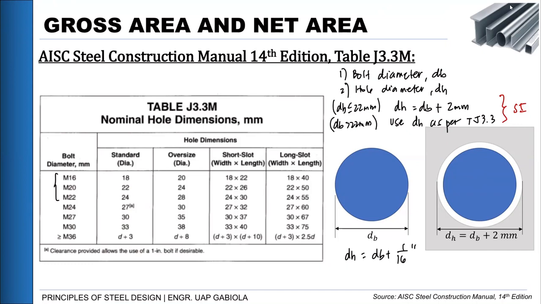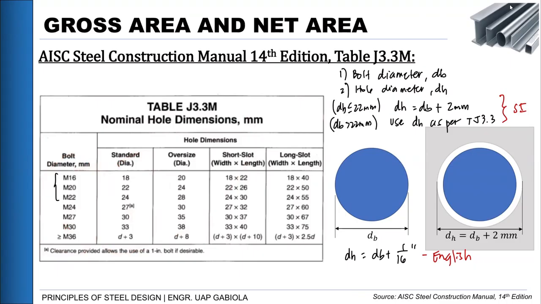Okay? As easy as that. So that is for English. Yung sa SI, since nag-convert nga, nagkameron ng discrepancy kung 2 or 3 yung i-add. Pero we need to be consistent. Kaya kung hindi ka sure kung anong i-add, look at the table. And you can see whatever is the diameter ng bolt, nandito yun sa standard hole diameter natin.